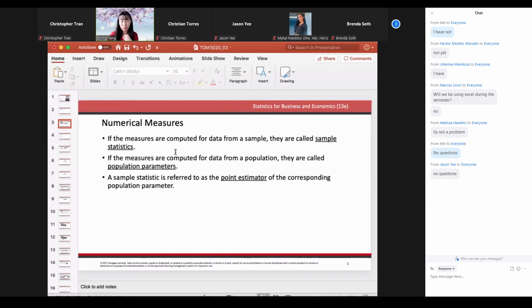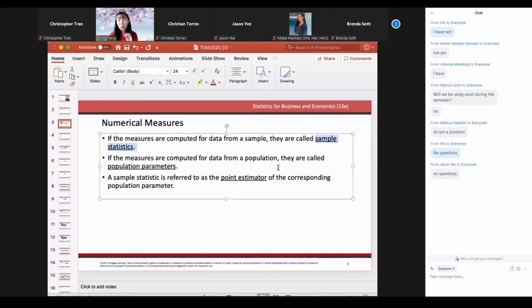So the new term we learn in this chapter is this: when we calculate descriptive statistics, if the descriptive statistic is computed from a sample, it is called a sample statistic.